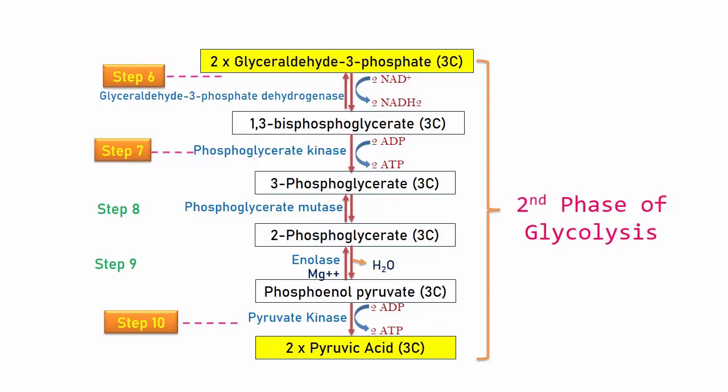See reaction number 7: in this conversion of 1,3-bisphosphoglycerate to 3-phosphoglycerate, two ATP molecules are generated. Whereas in the last, that is the 10th step, when two molecules of phosphoenol pyruvate are converted into two molecules of pyruvate, two molecules of ATP are also produced.